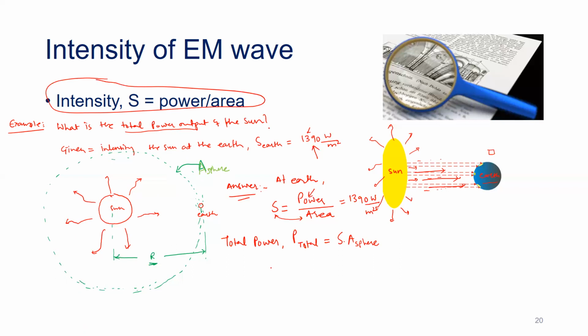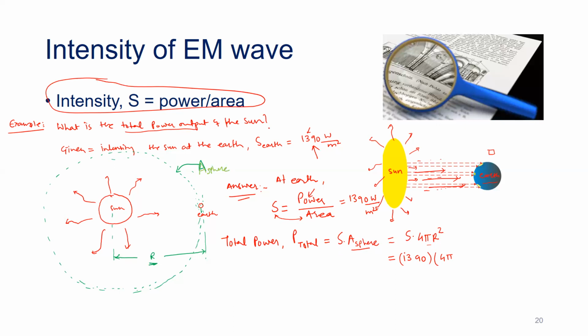So what is going to be the value of A sphere? It is 4 pi r square. So the area of the sphere is nothing but 4 pi r square, where r is the radius. So can we plug in the values here? Yes, 1390 is the value of S multiplied by 4 times pi multiplied by r square.